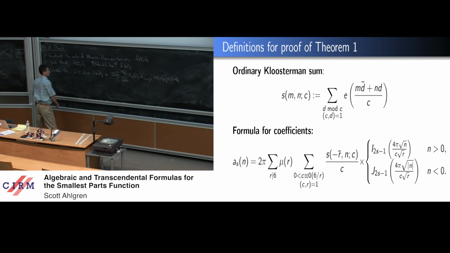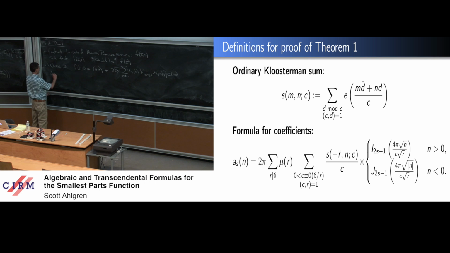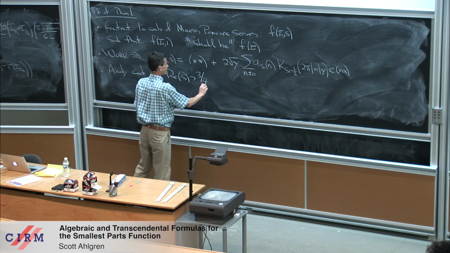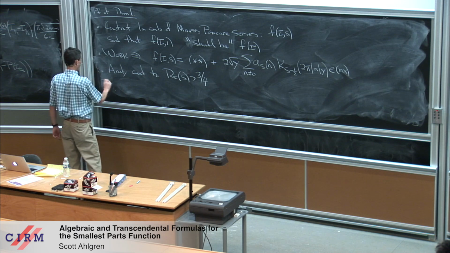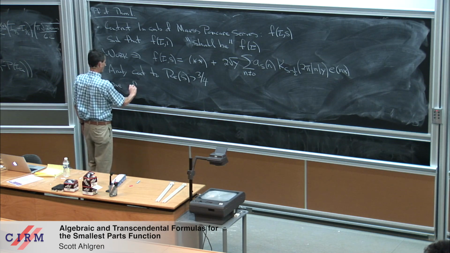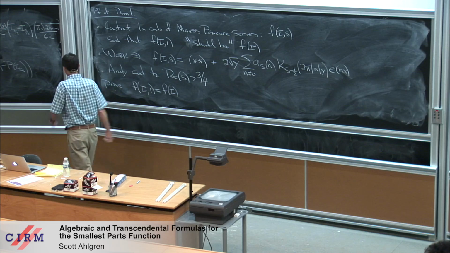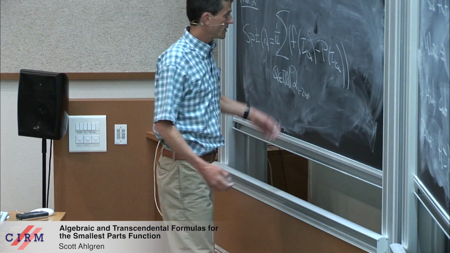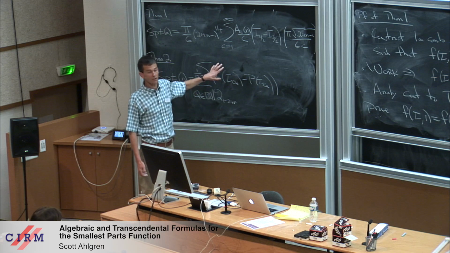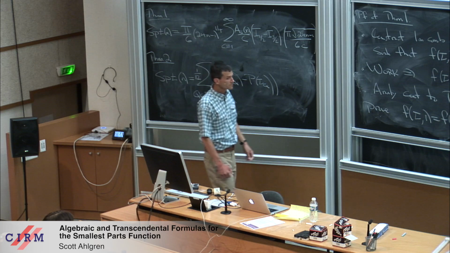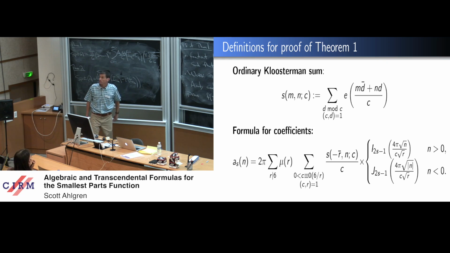This is quite explicit, and so you can prove there's an analytic continuation to the real part of s bigger than 3/4, I think. Using this, you can prove that f of tau 1 indeed is f of tau. So we have an explicit formula involving Bessel functions which represents this function, and now you feel like you might be in the game to try to prove something like that. So mu is the Mobius function? Yeah, mu is the Mobius function.